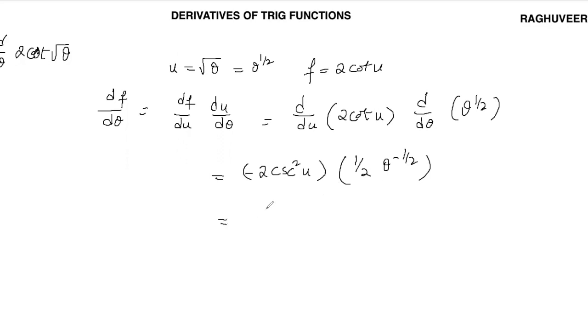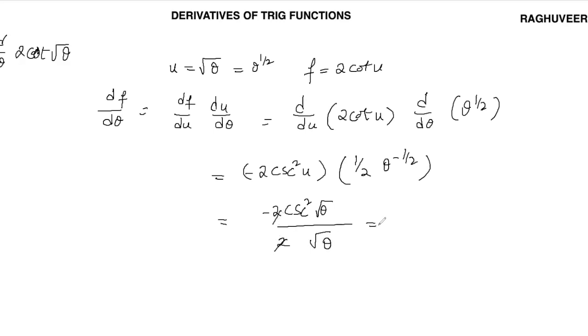Okay, so now u is theta to the power of half. So this is minus 2 cosecant square u, which is root theta, right?